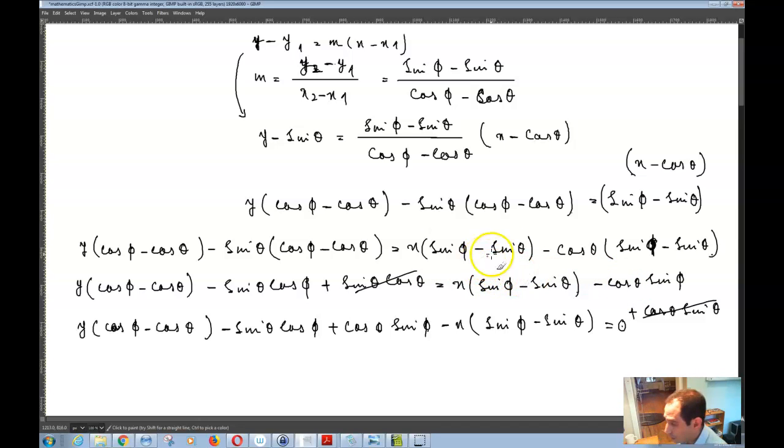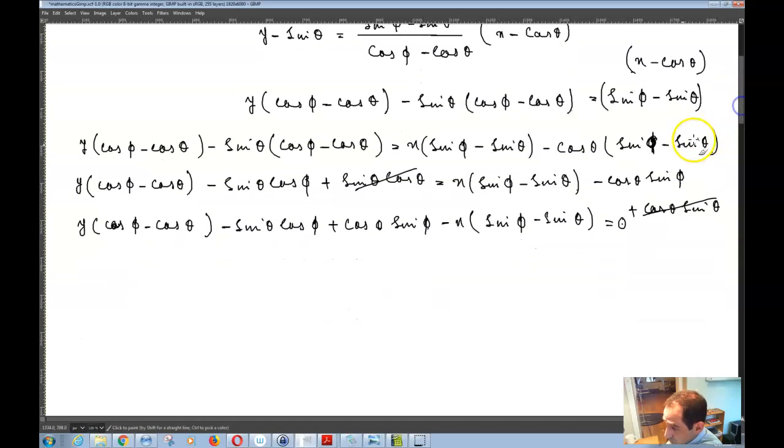Now you can see that basically over here I have cos theta sine phi and sine theta cos phi.